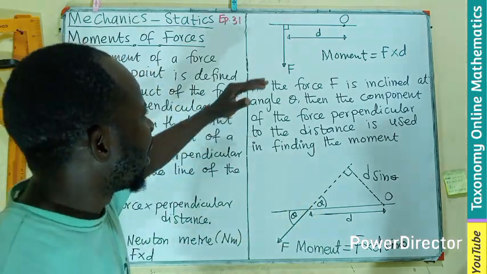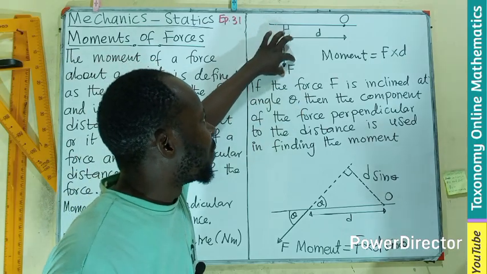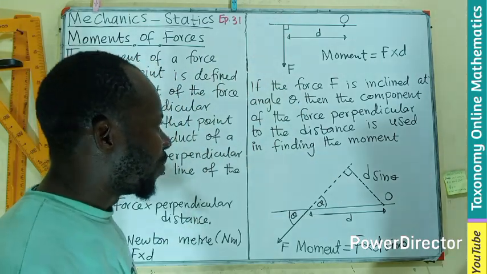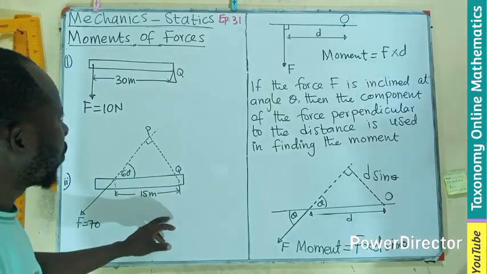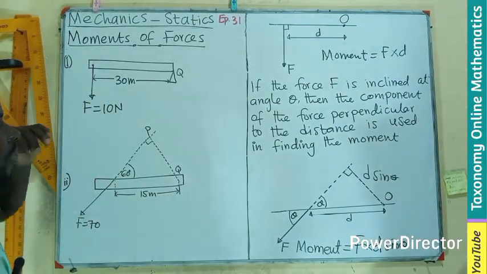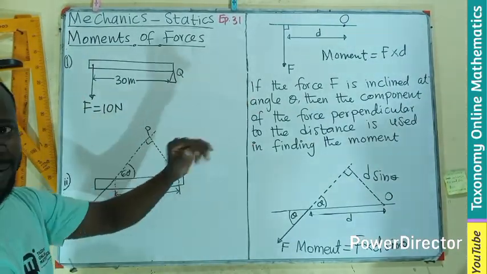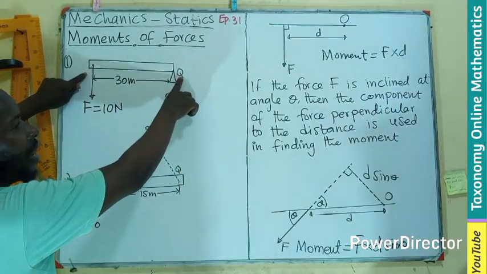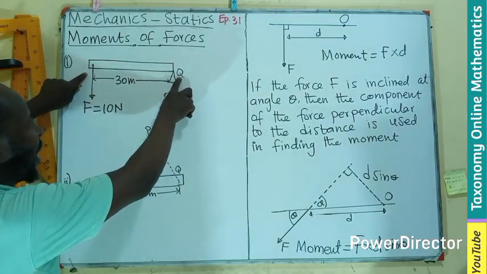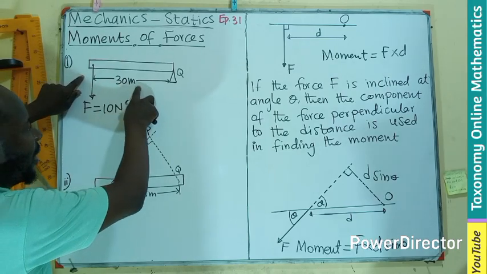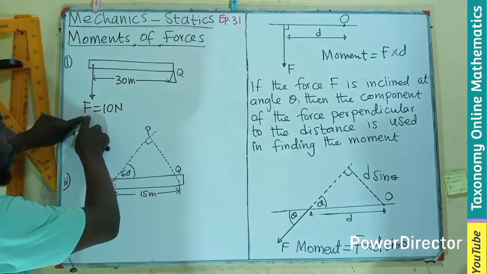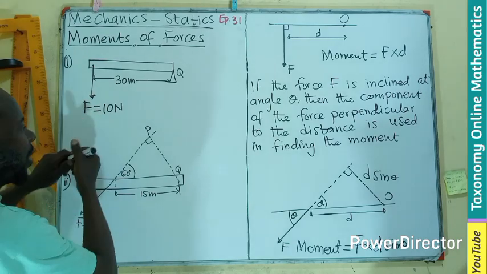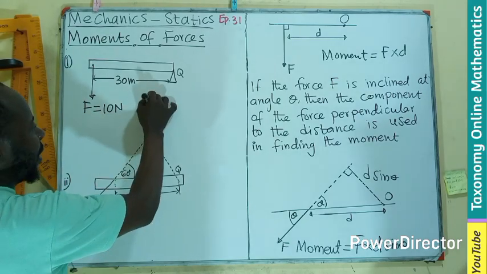Now let's see if we can put some values to the forces and see how that can be calculated. All right, so let's say a question is given in this form. The distance from the fixed point or the axis to the line of action is 30 meters, and the force applied at the end here is 10 Newton, and we are asked to find the moment.